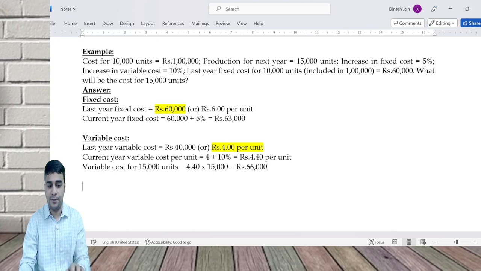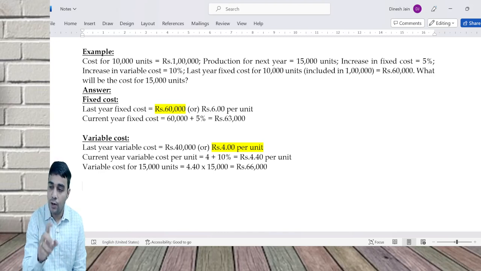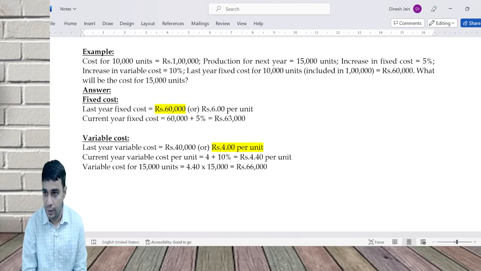So understand the difference in approach. For a fixed cost, I told you to add 5% to 60,000. If you had added 5% to 60,000 as variable cost, then you would have got overall cost as 94,500.